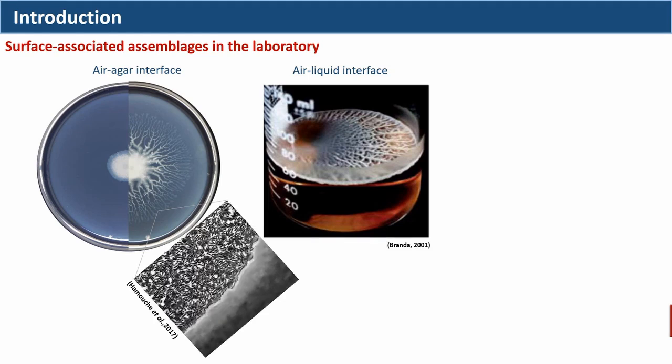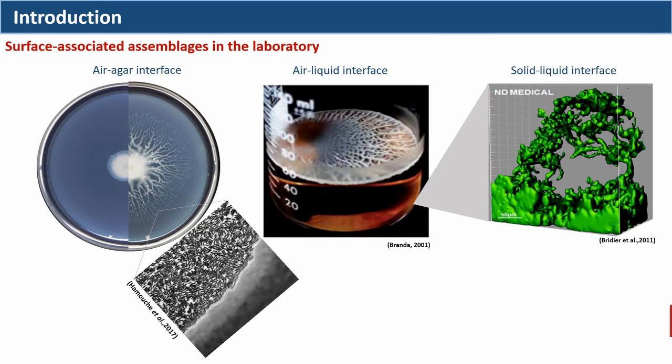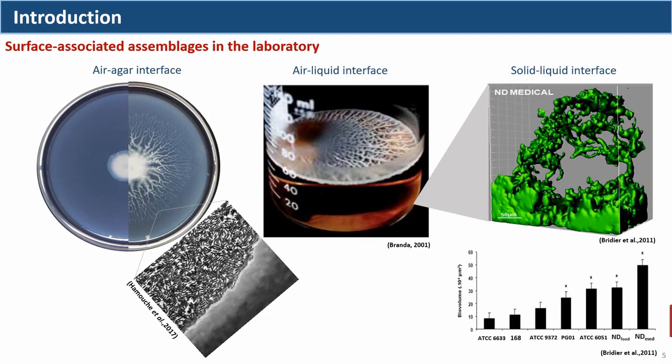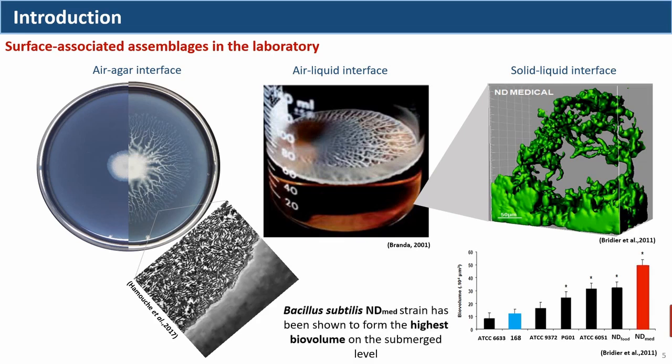And lately, Bacillus subtilis has been found to adhere to abiotic surfaces, which has grabbed attention for the submerged biofilm model. In this context, an architectural comparative submerged biofilm study has been done on different Bacillus subtilis strains, including the 168 reference strain, where Bacillus subtilis NDmed has been shown to form the highest biovolume at the submerged level.